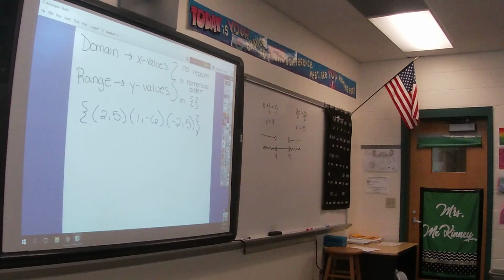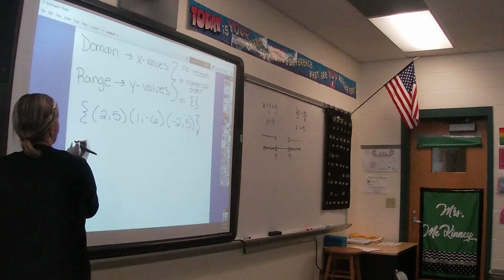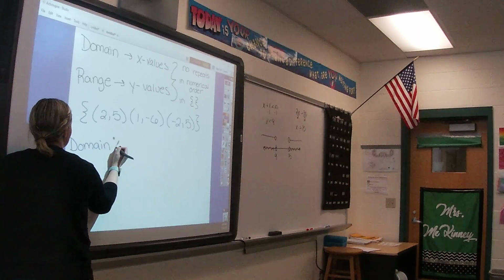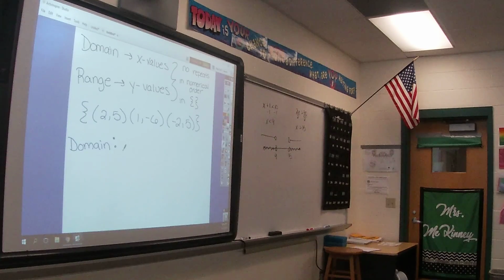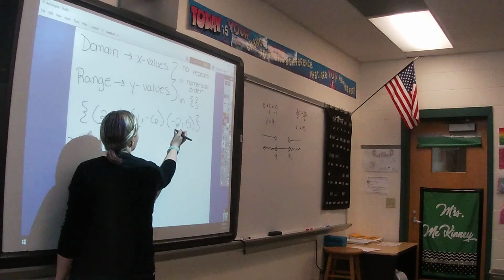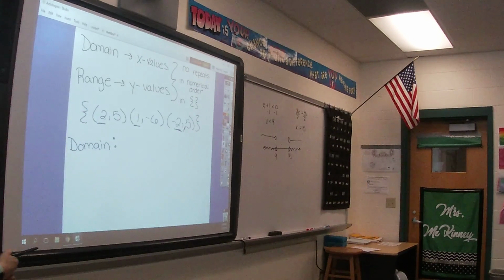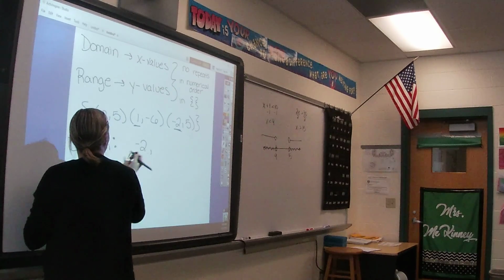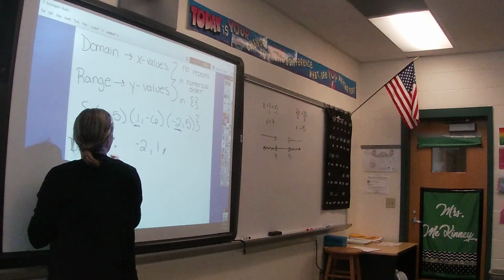Okay, for the domain, you're going to list the x values. Are the x values first or are the x values second? First, right? So we're going to take the first number. We're going to list it in numerical order. So what's the smallest number? Negative 2. Then 1. Then 2.